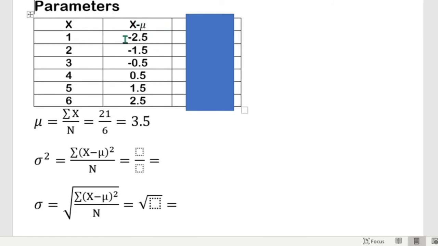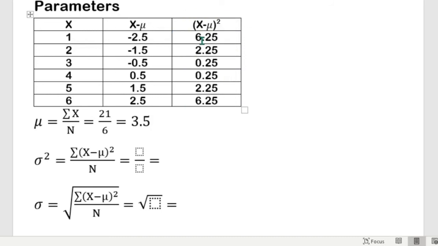We have 1 minus 3.5 is negative 2.5. 2 minus 3.5 is negative 1.5, and so on. After that, we square the differences. We add another column and label it as the square of the difference between the x value and the mean. We have negative 2.5 squared, which is 6.25. Negative 1.5 squared is 2.25, and so on.